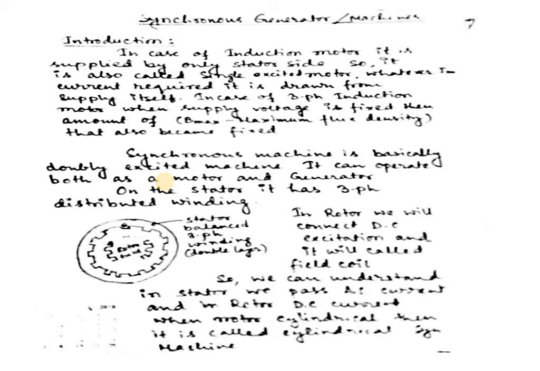But in case of synchronous machine, it is doubly fed, because the rotor is also given supply, that is DC excitation is given in the rotor, and in the stator side three-phase supply is given. That means synchronous machine is basically a doubly excited machine. So if the question comes why it is called doubly excited, then you have to answer that double excitation is given in case of synchronous machine.